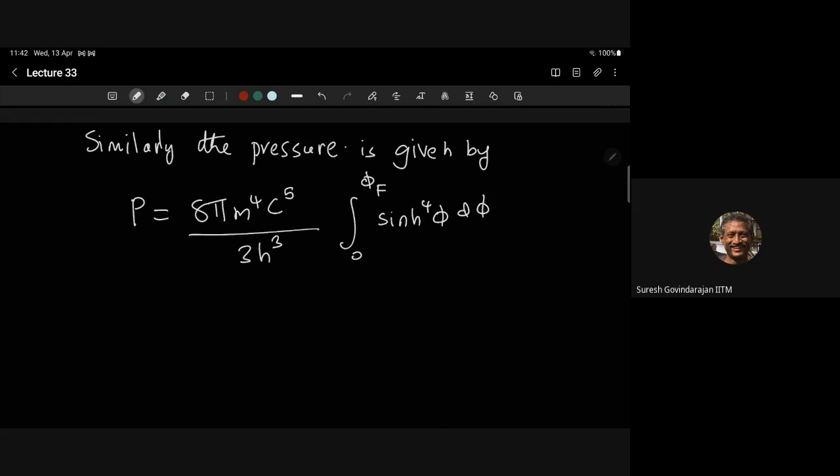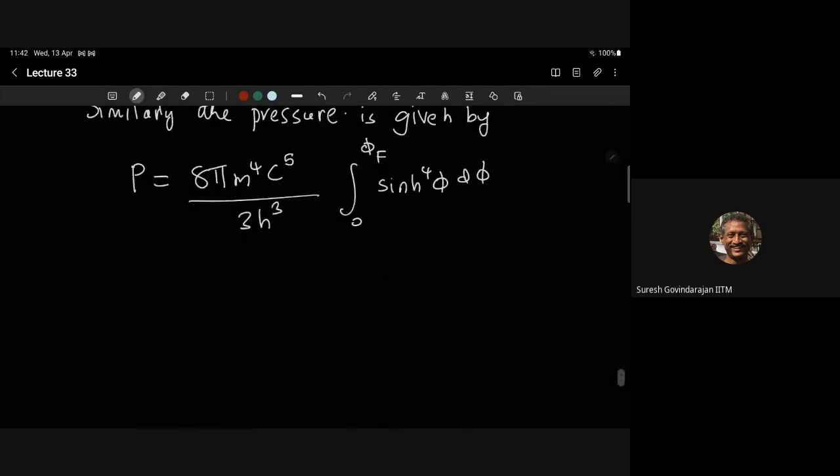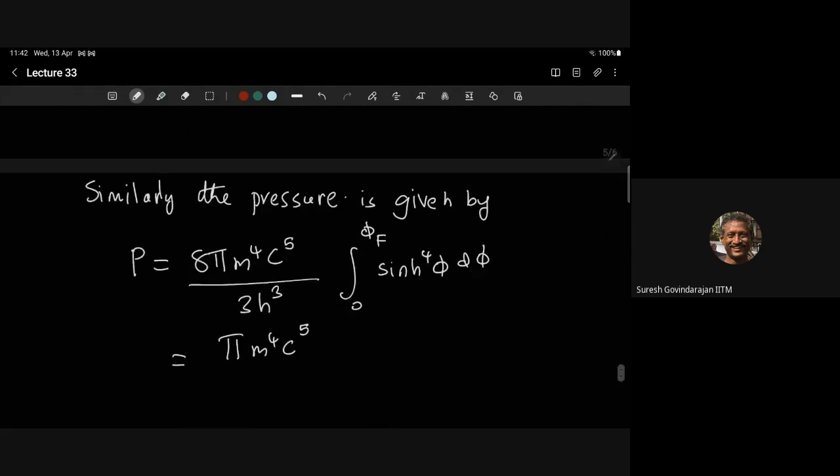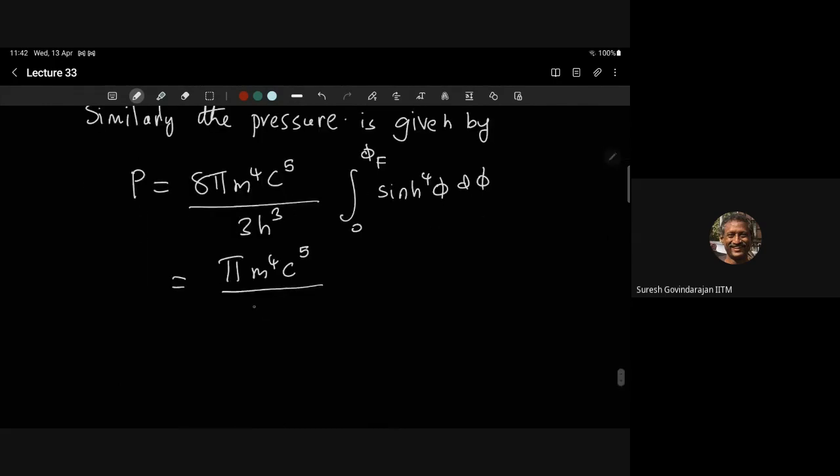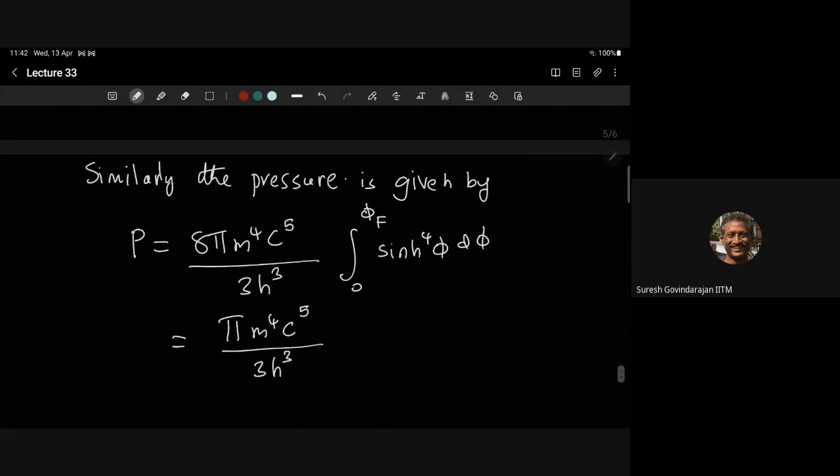a slightly simpler integral, and this we will call a of x.